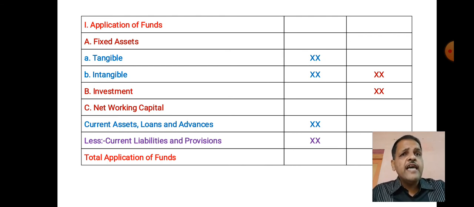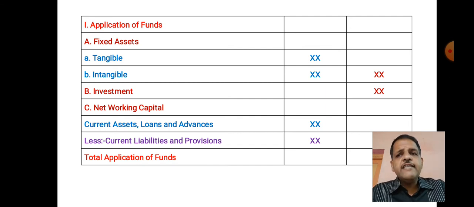Now fixed assets are usually of two types. One is tangible and one is intangible. Friends, when any fixed asset we can see and touch, we say it is tangible. Certain fixed assets we can't see, we can't touch, and they are said to be intangible.